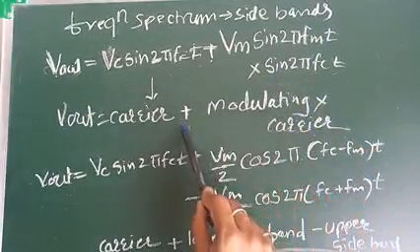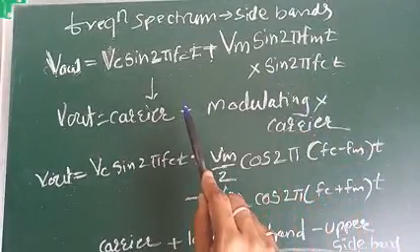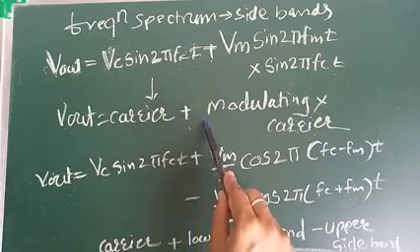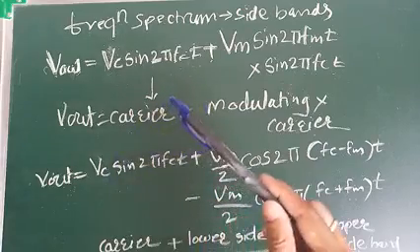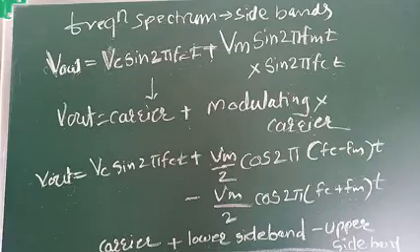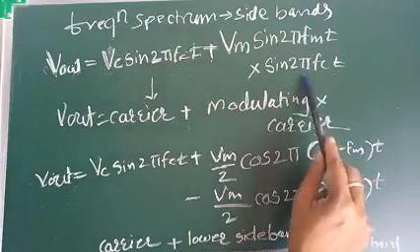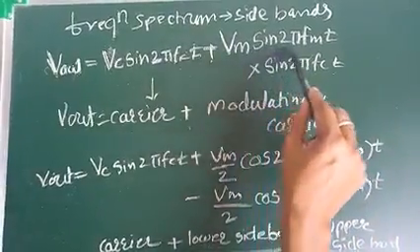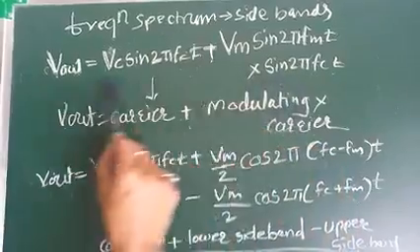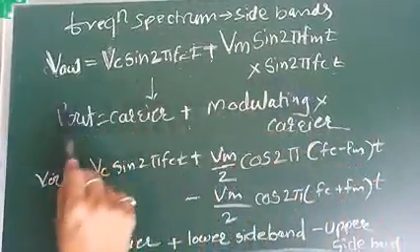So according to the definition, amplitude modulation means the change in amplitude of the carrier according to the modulating signal. Hence here the amplitude of the carrier is changed according to the modulating signal. So we can verify the definition by this equation.